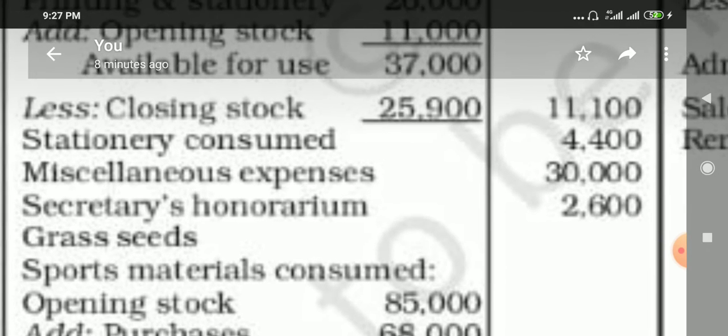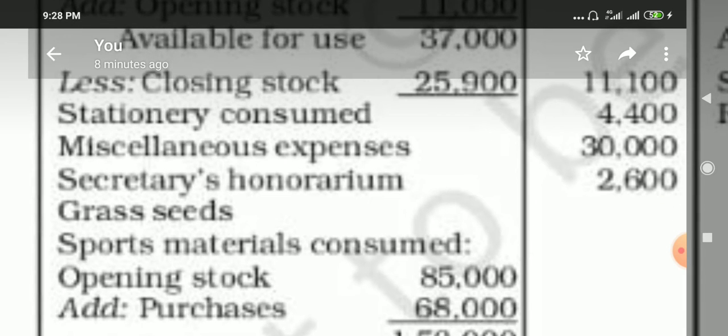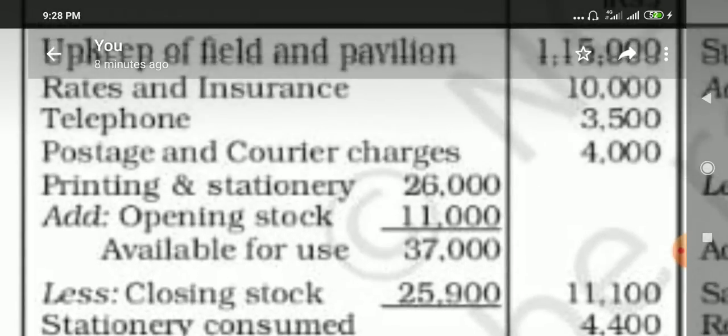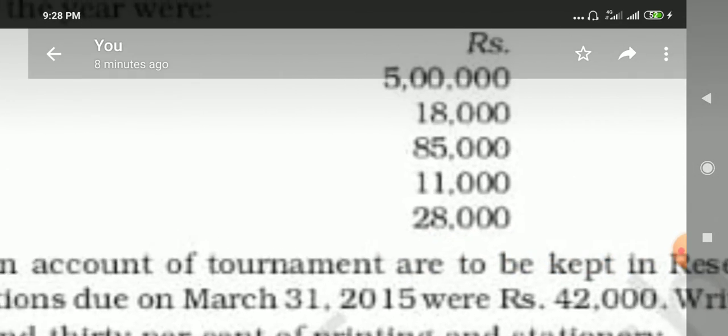Then miscellaneous expense 4,400. In this question it is not highlighted in the additional information, but keep it clear in your mind that miscellaneous expense is 4,400. Then secretary honorarium 30,000, then grass seed 2,600, and then the sports material opening; see the additional information, sports material 85,000.